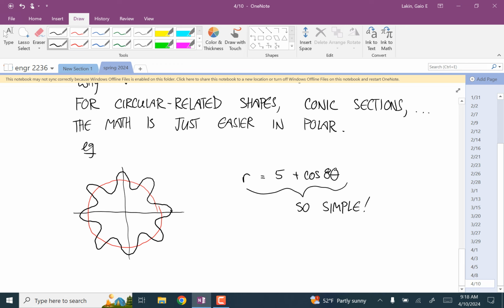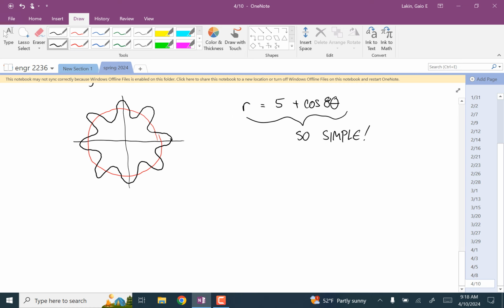And what about an ellipse? It's not always the easiest way to deal with an ellipse, but elliptical motions are important in dynamics, right? Because of orbits.